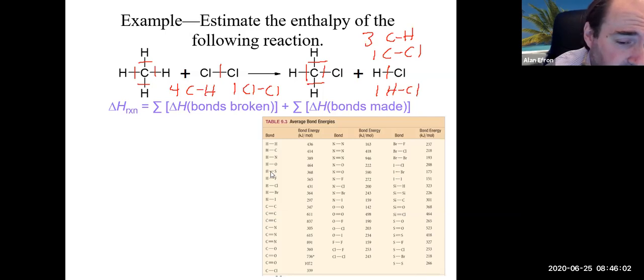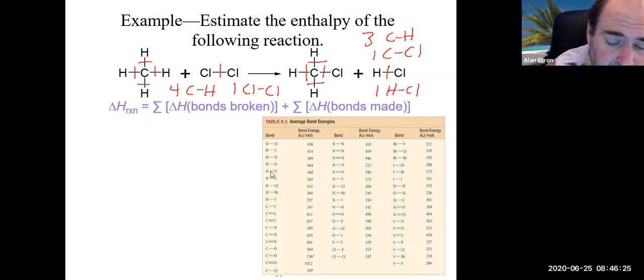A single bond is less strong than a double bond, which is less strong than a triple bond. So with a carbon-carbon single bond versus a carbon-carbon triple bond, the amount of energy required to break or even make that bond is going to be different.